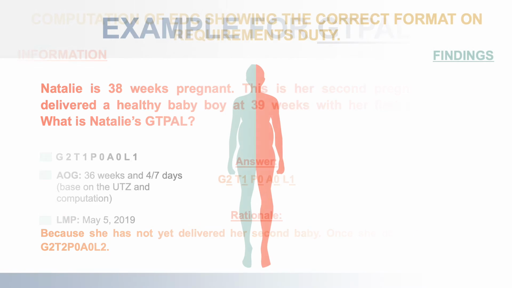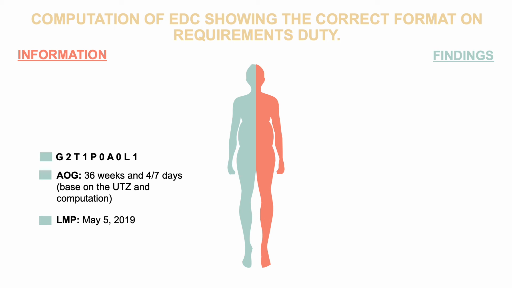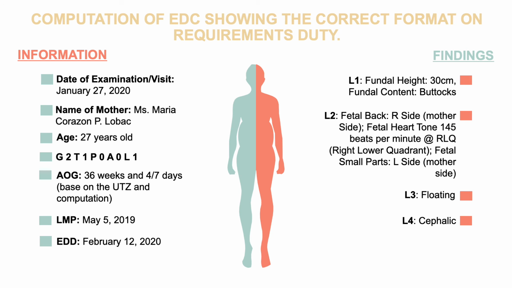Next, we move on to the computation of EDC, showing the correct format on the requirements duty. So here, especially in our requirements duty, we list down the information of the client and the findings of the Leopold's maneuver procedure.